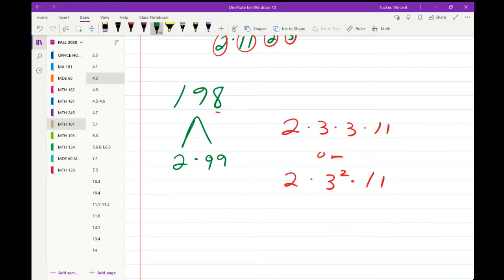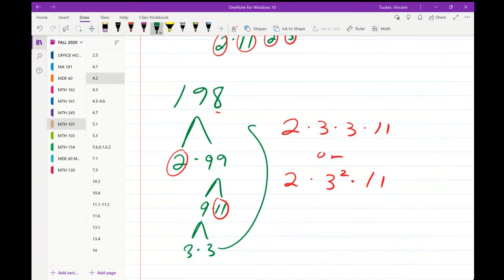If 2 doesn't go into a number because it's odd, then your next move would be 3, and you just go from there until you find a prime number that's going to go into this number that you're trying to break down. 99 is 9 times 11. Now 11 is prime. 2 and 11 are prime. And so you break down the 9 into 3 times 3.